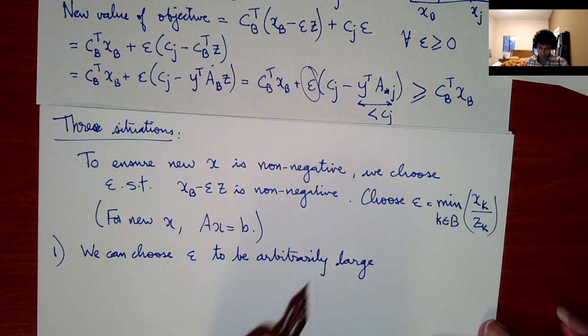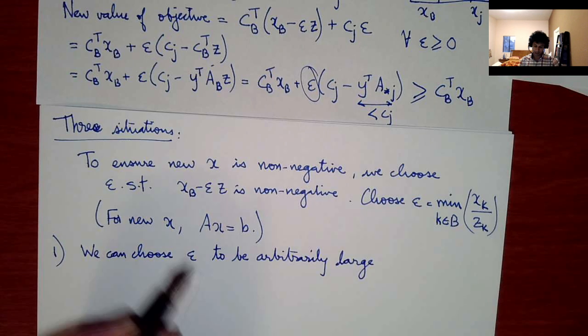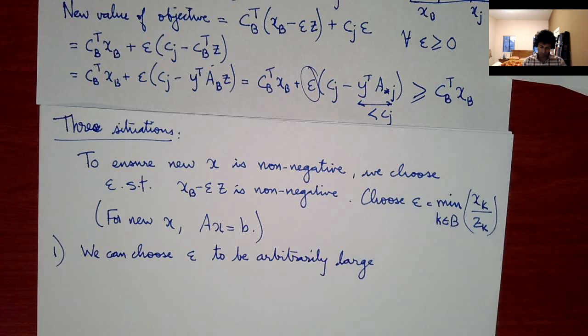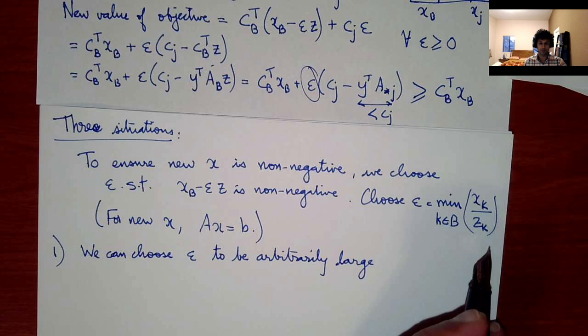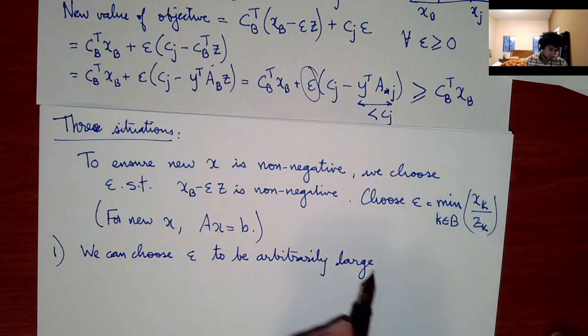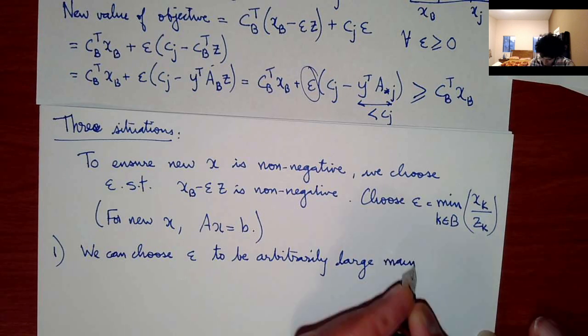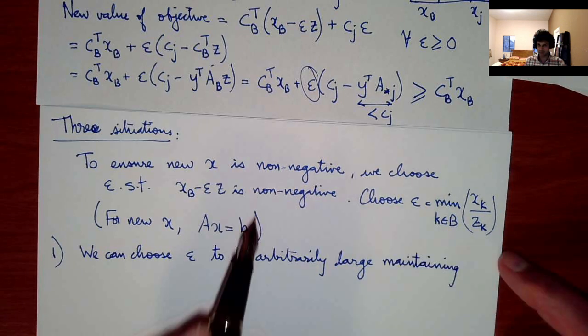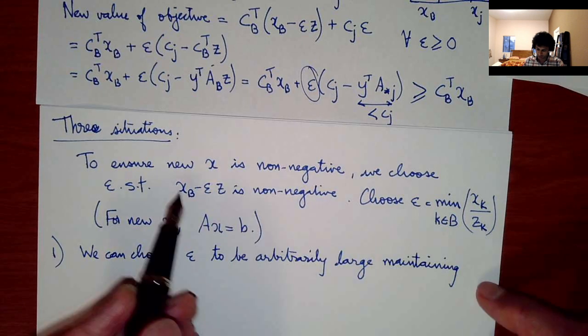That would happen essentially if you had zeros in the zk's, then you could set it to be arbitrarily large. I should say that you have to choose this to be non-negative.